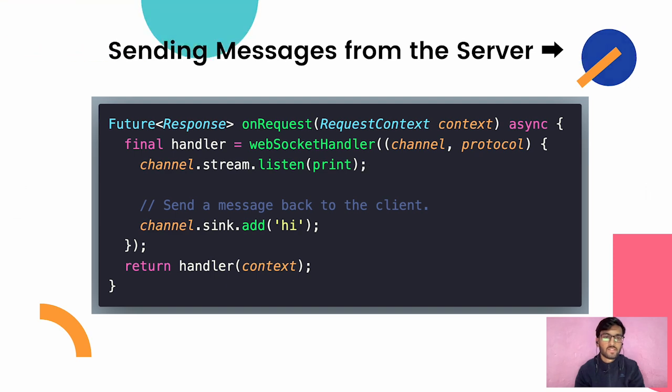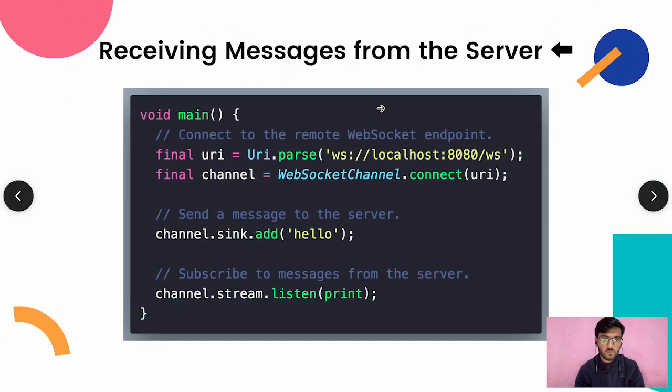Now we will see how we can receive those messages from the server. In our main file, we firstly have to use that particular endpoint. We can use the same endpoints that we have already created, or we can create some other endpoints for the WebSockets. With the help of the WebSocket channel plugin, we can connect with this particular URL and send some messages to the server with the help of the sink.add method.